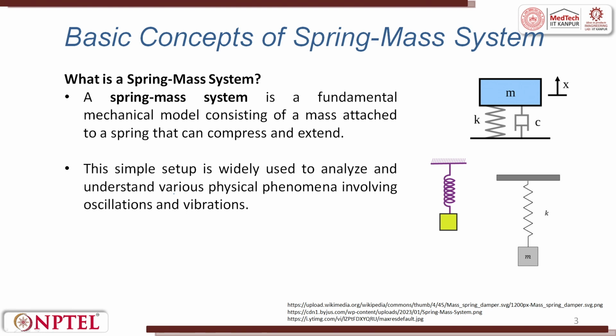What is a spring mass system? A spring mass system is a fundamental mechanical model consisting of a mass attached to a spring that can compress or extend. When you are traveling on a bike, you are sitting, so that's a mass.